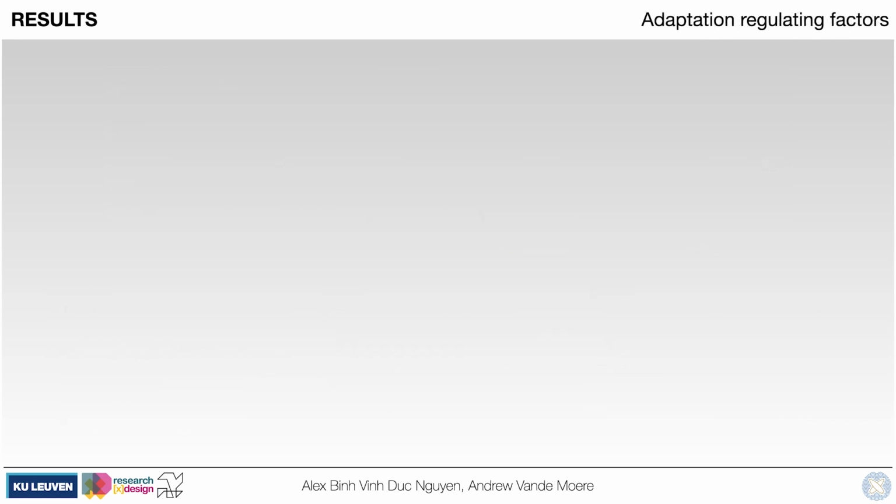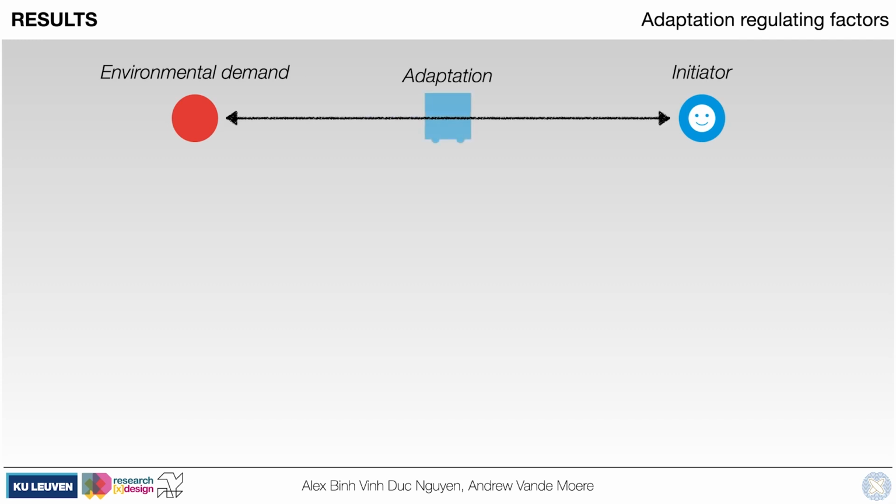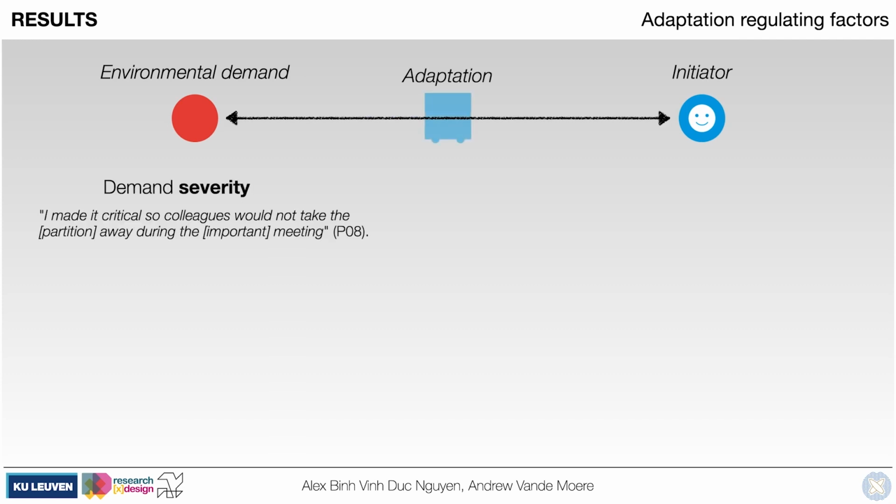Through a thematic analysis of the interview data, we revealed 6 regulating factors that the participants assessed to initiate adaptations. These factors are categorized between the characteristics of the environmental demands and the perception of the initiators on their prospective adaptations. They include the demand severity, reflecting how far it negatively impacted the initiator.